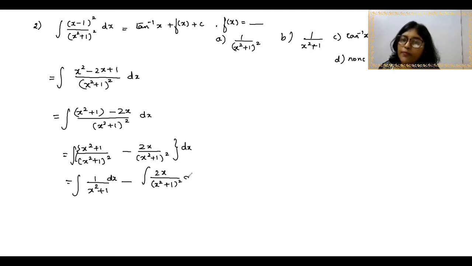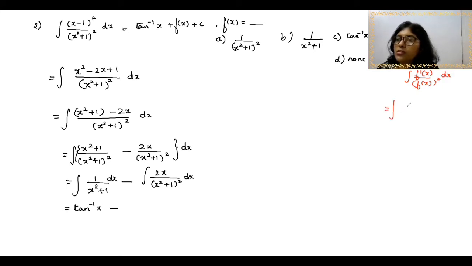So this becomes, now I'm writing, this is tan inverse x, and this is of the form integration f dash upon f(x) the whole square. You can take this as a formula.